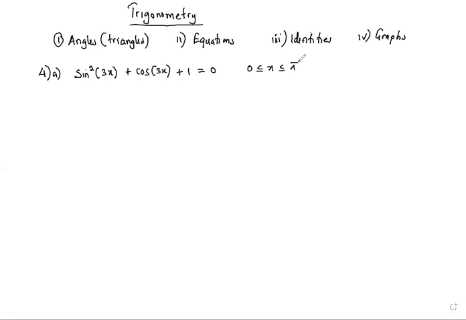Okay. So if you are asked to solve such, the only thing you need to know that will help us solve equations and answer identities are these things here. One, know that sine squared x plus cos squared x is equal to 1.